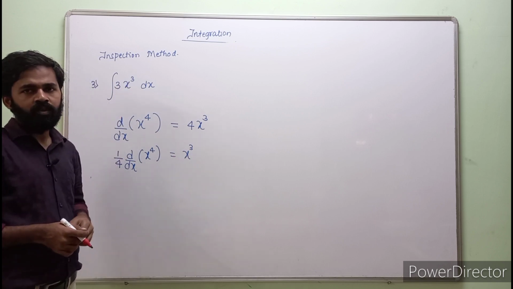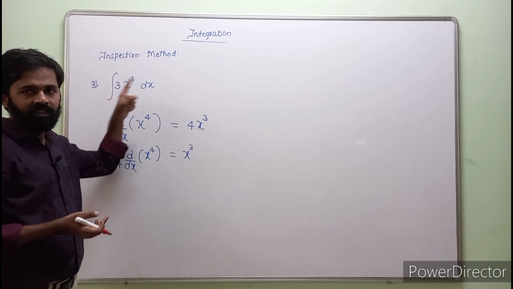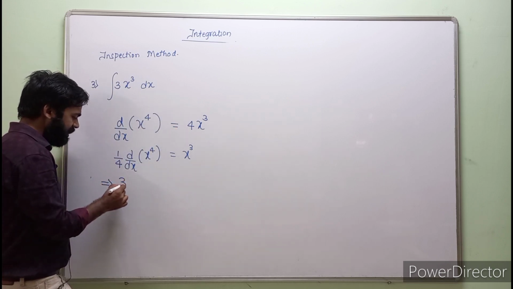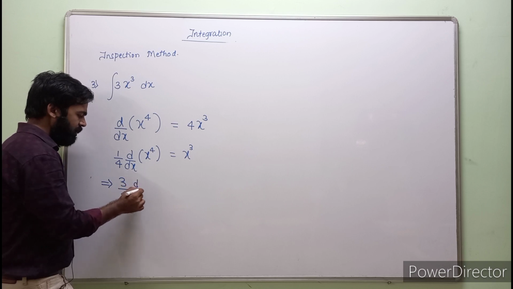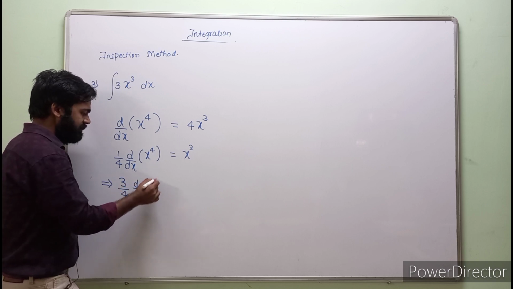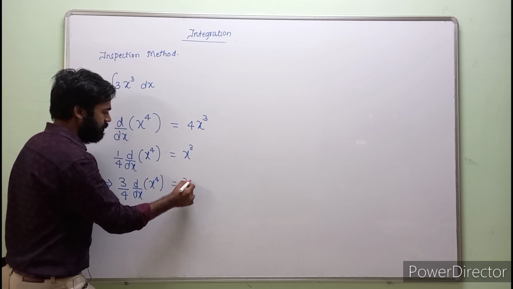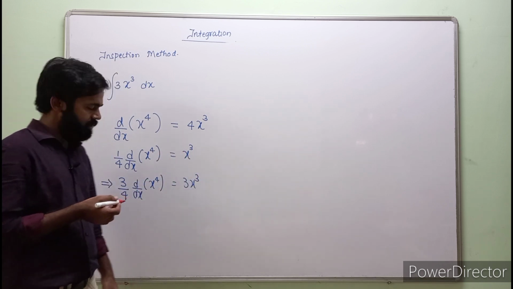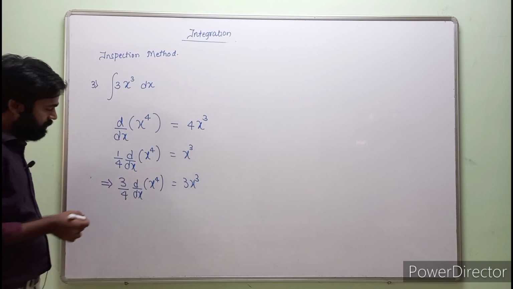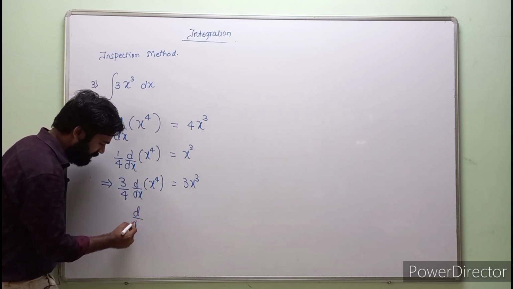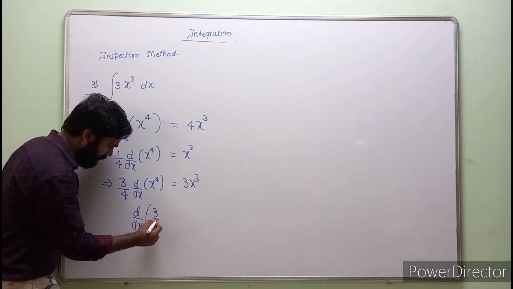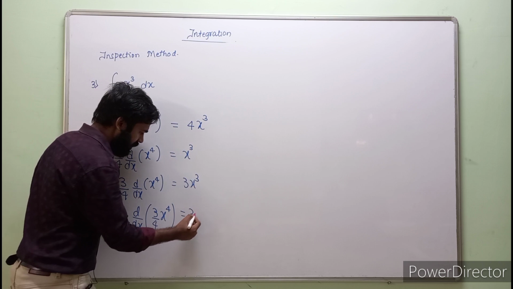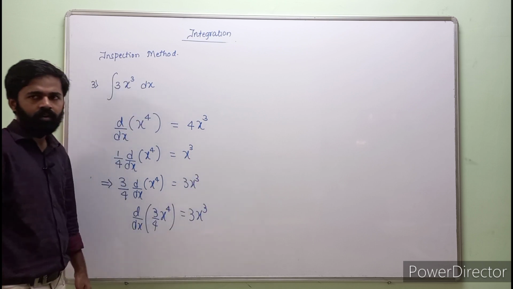But here we have 3x cube. Here we got x cube. So what to do? Multiply by 3 on both sides. Right? So it implies, I'll multiply by 3 here: 3 by 4 d by dx of x raised to 4 equals 3x cube. I am multiplying by 3 on both sides. Now take this 3 by 4 inside. What do you get? d by dx of 3 by 4 x raised to 4 equals 3x cube. Right?